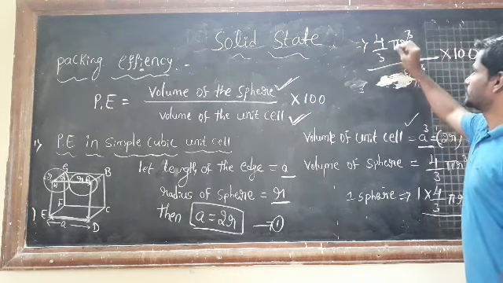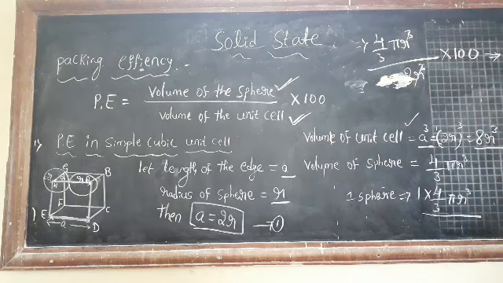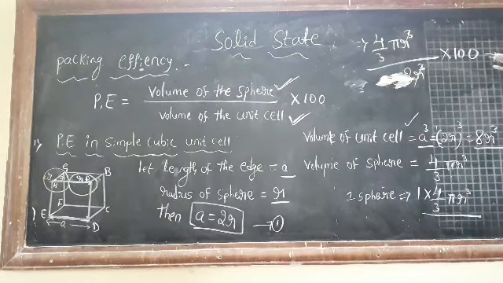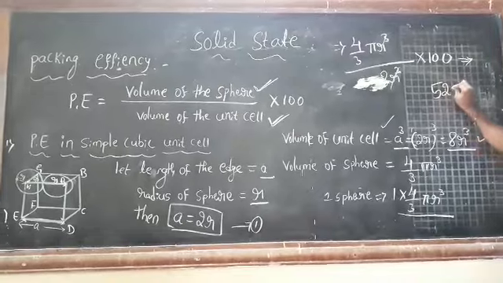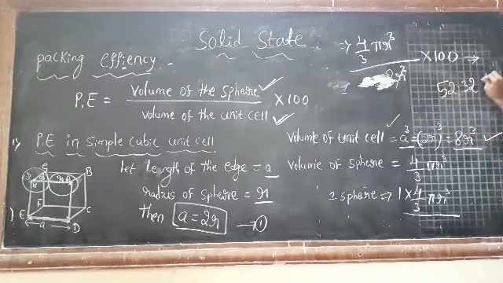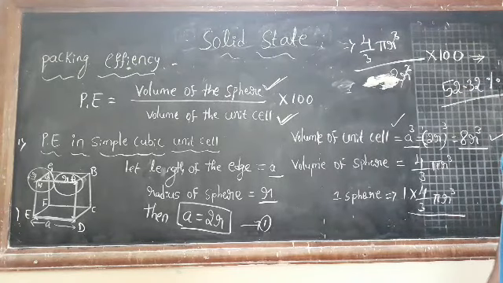When we solve this, it becomes 52.32%. So the packing efficiency of the simple cubic unit cell is 52.32%.